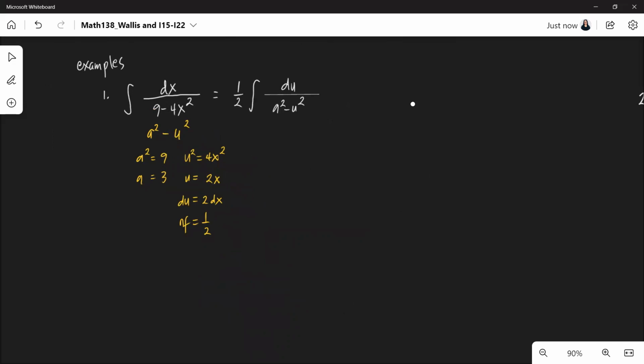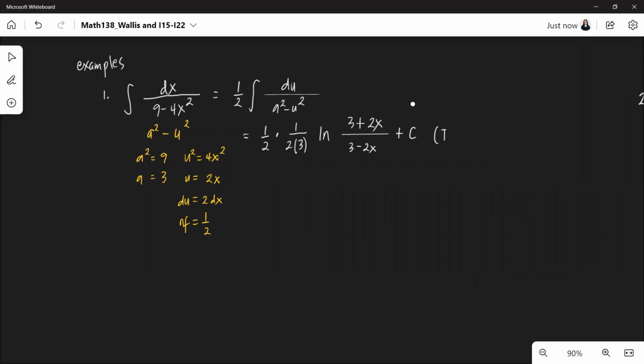So 1 over 2a multiplied to the 1/2, by the way. Do not forget the constant outside. So 1 over 2 times a, which is 3, times the natural log of a plus u, that would be 3 plus 2x, since u is 2x, and then over a minus u, 3 minus 2x, and then plus c.